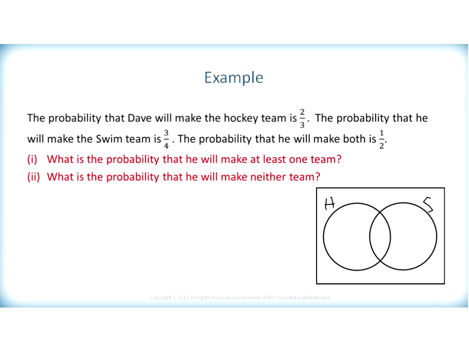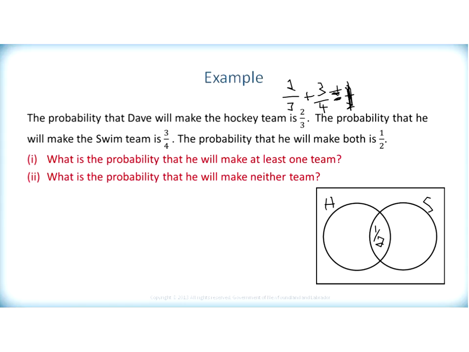Adding 2/3 plus 3/4, we see that that is more than 1. Therefore, we know that these events are non-mutually exclusive. We see that the probability he will make both is 1/2.